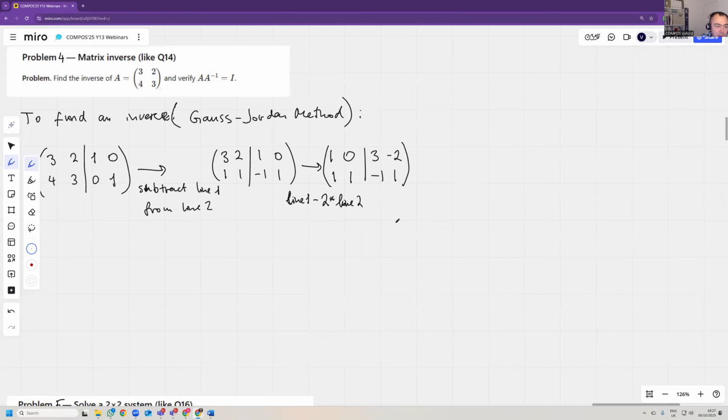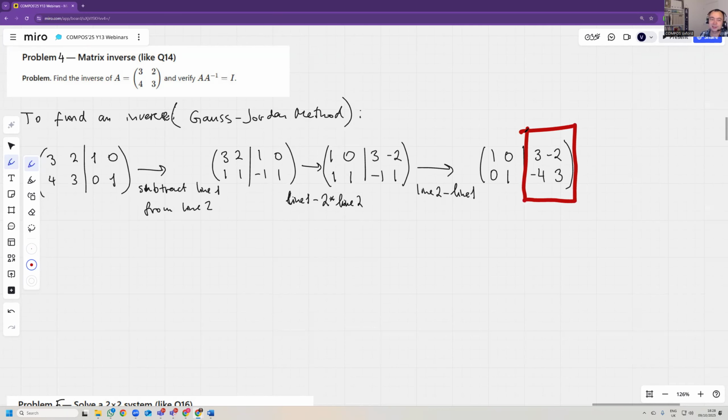And then we do line 2 minus line 1. And you can see that this becomes 0, 1. And then -1 minus 3, so -4, and 1 plus 2, 3. And here we have 1, 0, 3, -2. And the matrix that we have here is the inverse.